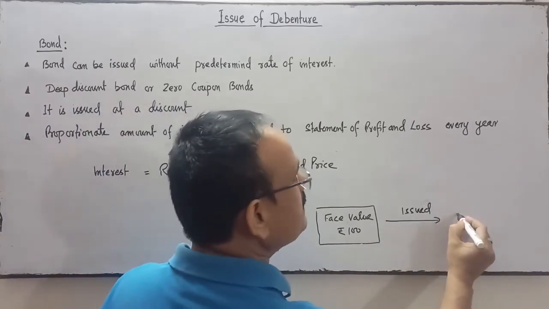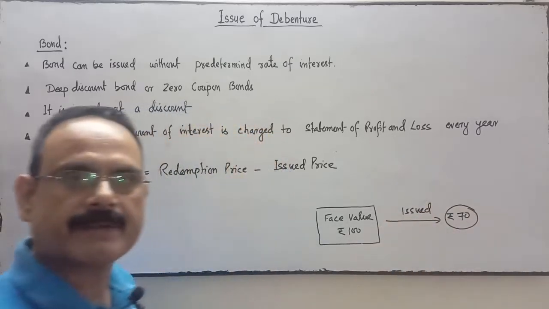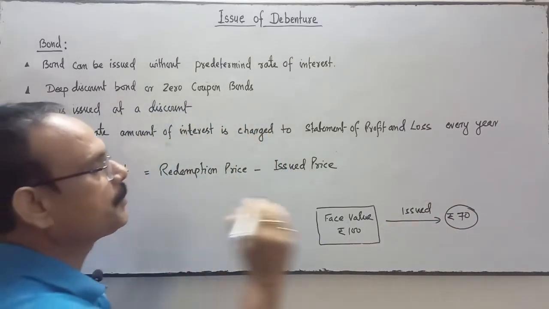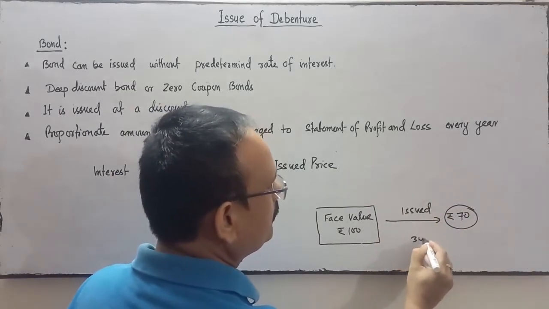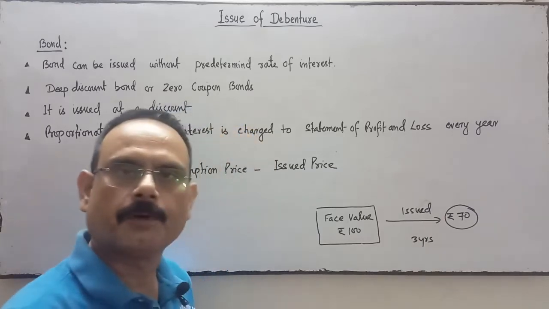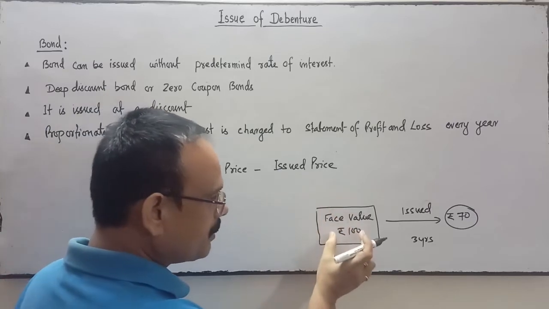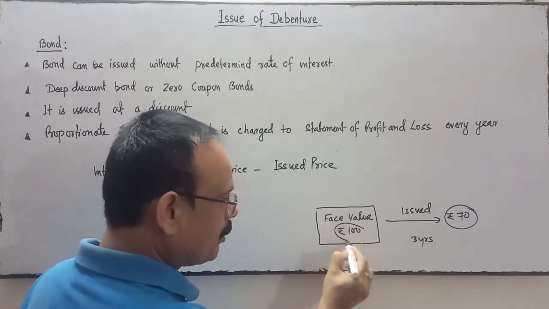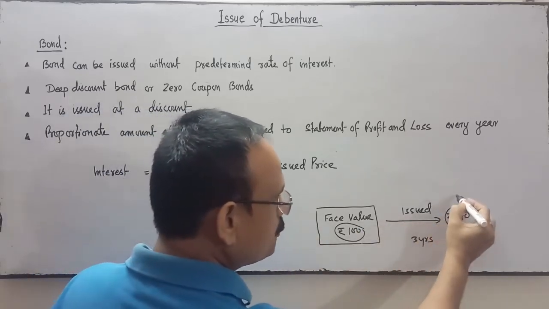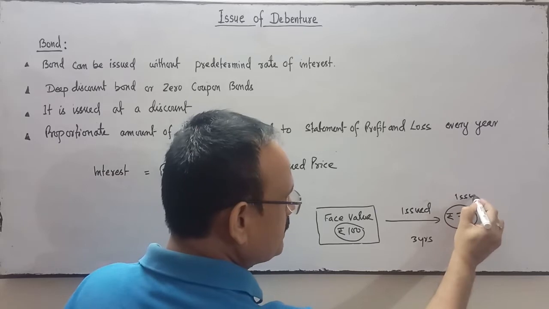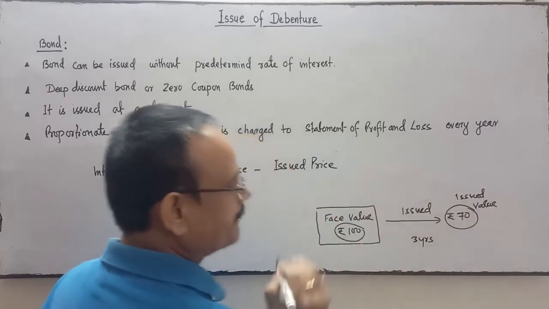Maybe it is issued at 70 rupees, for 3 years. The face value of the bond is 100 rupees, this is the original value, and the issued value is 70.